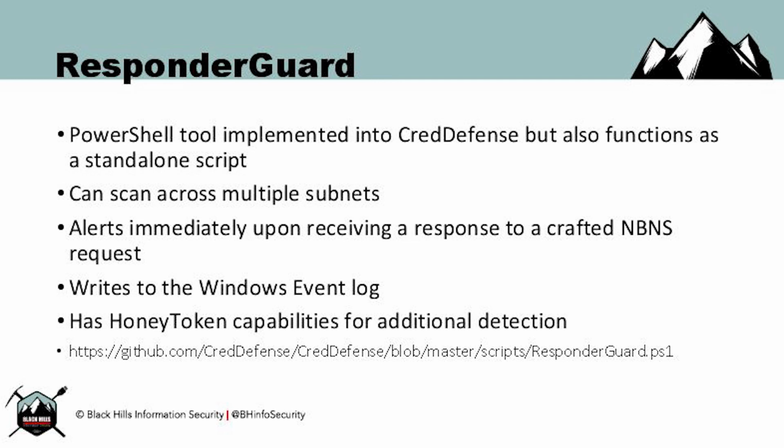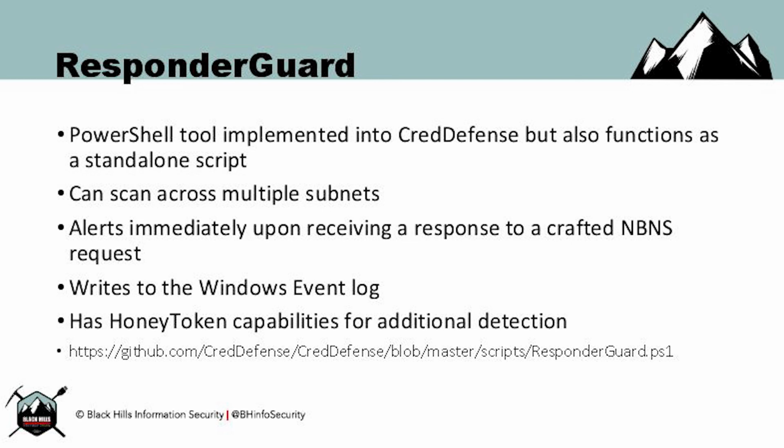So what we decided to do is scan across multiple subnets because, as everyone here knows, most environments are not just a single /24, right? We wanted to be able to scan across NATed networks and alert immediately. Responder Guard sends NBNS requests across the network to every host in a list that you give it.